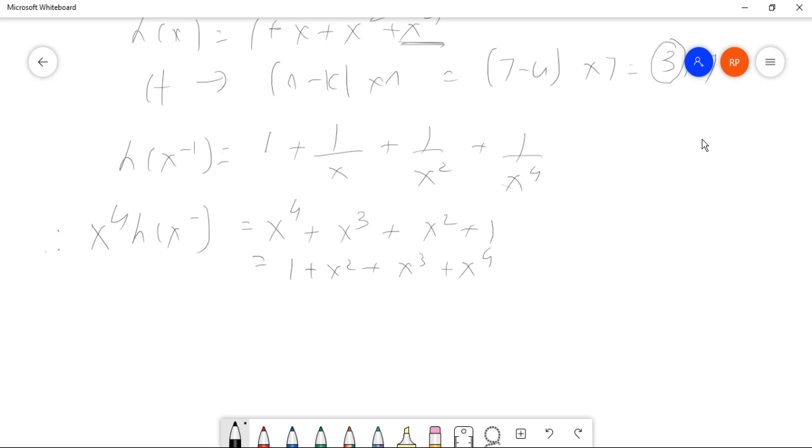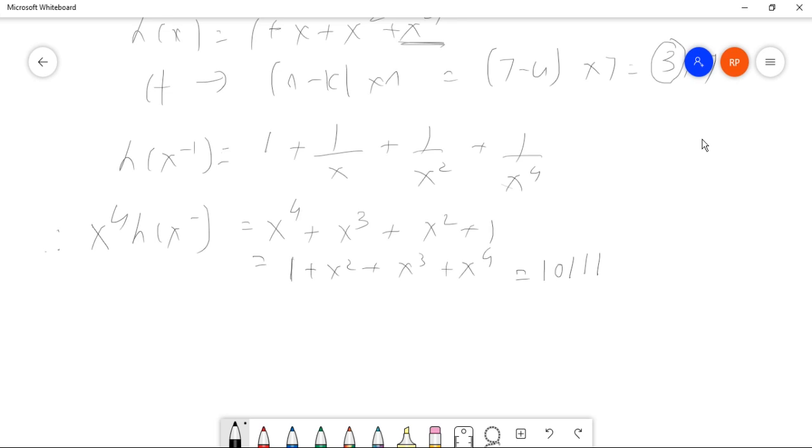From this we can write: constant is there, so we write 1. x is not there, so we write 0. x square is there, so 1. x cube is there, so 1. x raised to 4 is also there, so 1.